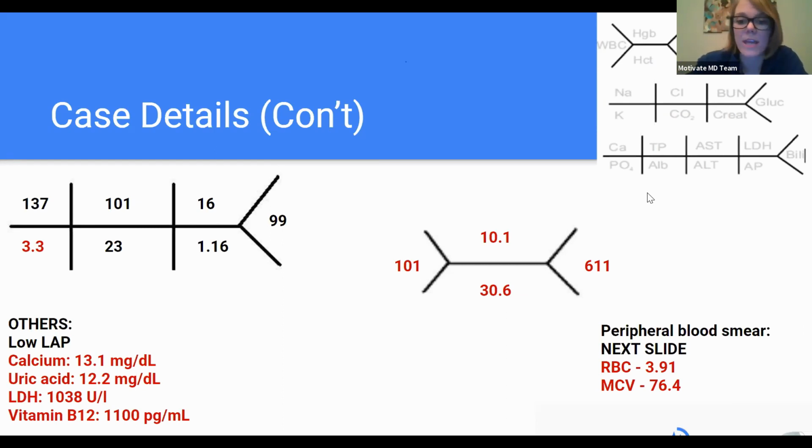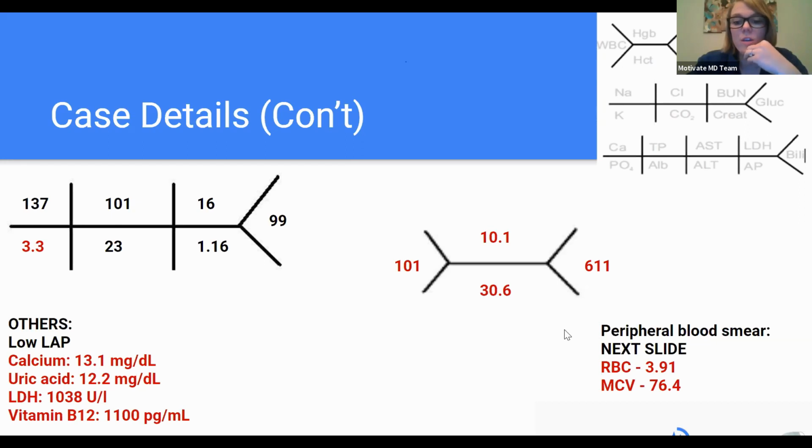CBC is complete blood count. That is your lab work that shows your white blood cells, your red blood cells, your hemoglobin, your hematocrit, platelets. And when we look at the red blood cell parameters, such as the hemoglobin and hematocrit, we see that the hemoglobin is low, the hematocrit is similarly low.